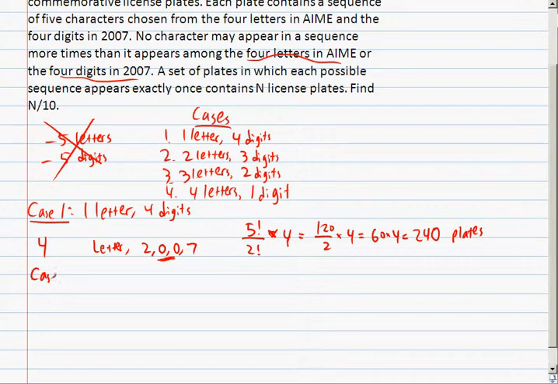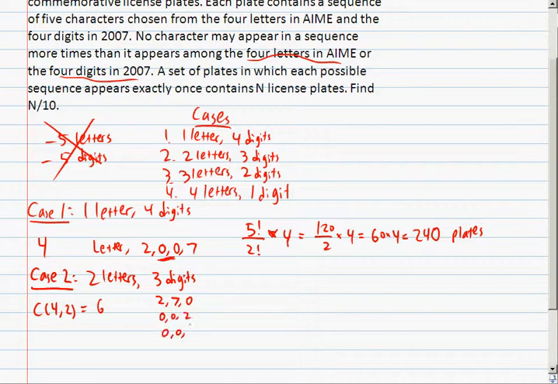Now let's look at case 2 with 2 letters and 3 digits. We need to find the number of ways that we can pick 2 letters from 4. There are a total of 6 ways to do that. And to pick 3 digits, we can have 2, 7, and 0, or 0, 0, 2, or 0, 0, 7.